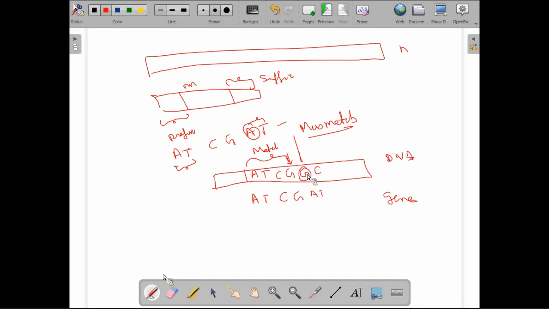Now, should I again start matching from where the point of mismatch is? That is, my I is here. This much has matched. Now there is a point of mismatch. Should I start matching it here, or can I do something better?